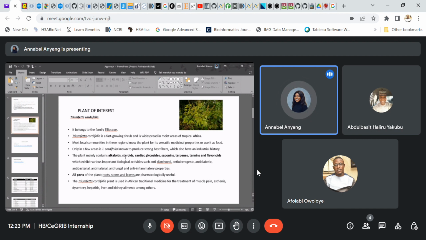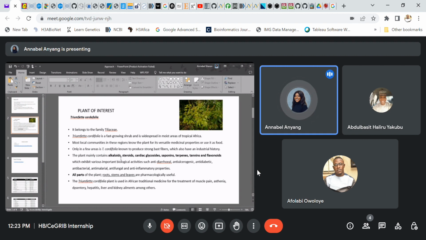Most reports would tell you that the plant contains alkaloids, steroids, cardiac glycosides, saponins, terpenes, tannins, and flavonoids. They may not go into what specific ones, but that's what most reports do. A lot of reports have implicated the plant as having antimalarial, antibacterial, antifungal effects, lots of different properties.